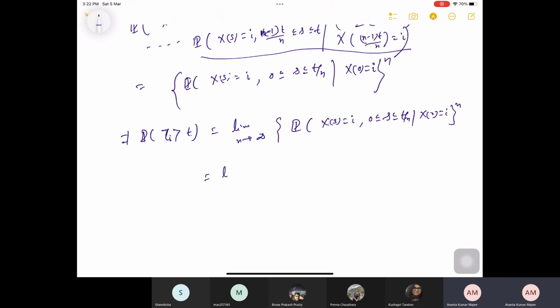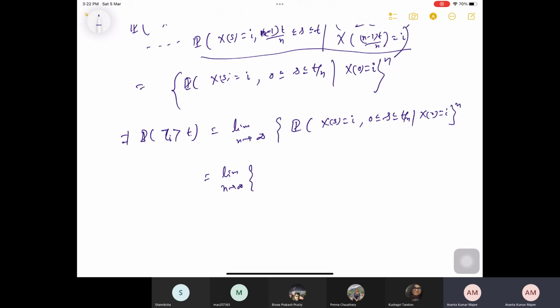Now this one I can think of as the limit as n goes to infinity of the probability that x of s is equal to i in the time interval. Here t by n is now a really infinitesimally small time interval, given x of 0 is equal to i.